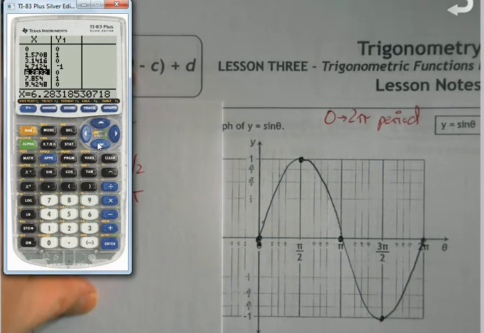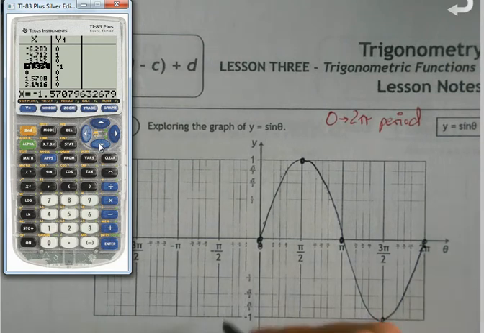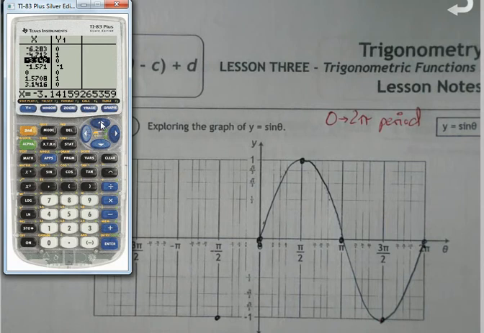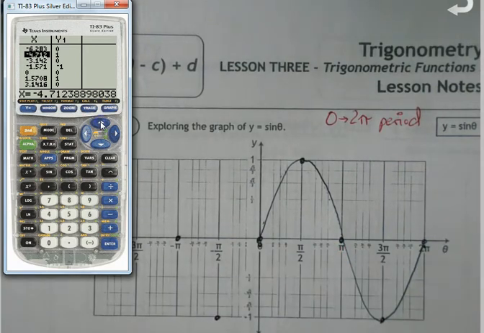And for us to see how that period works, we also will be able to notice if we go backwards into the negative values. So there's negative pi over 2. We're at negative 1. At negative pi, we're back to 0. So see, it's just like graphing points.